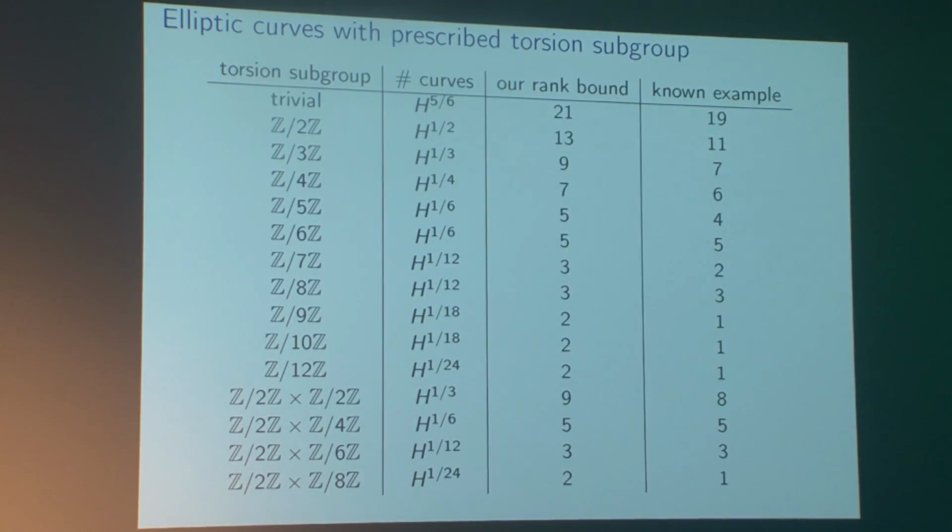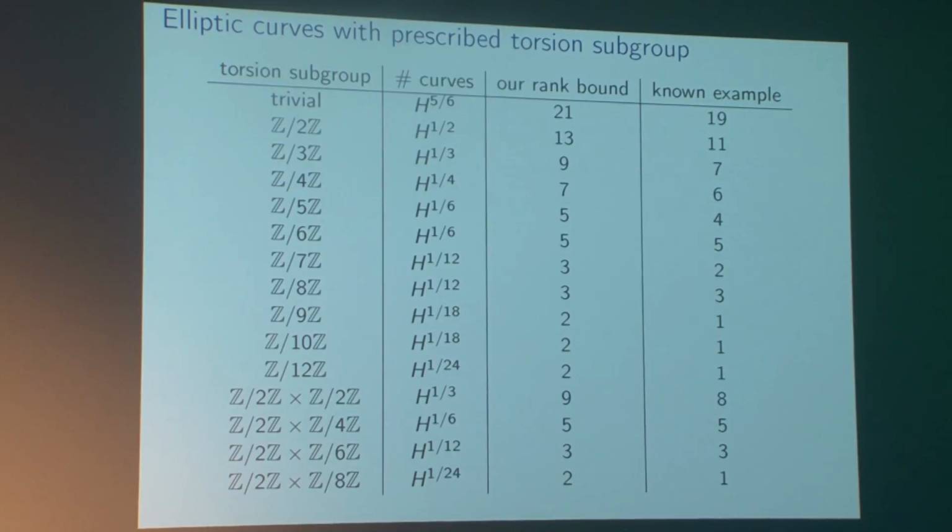And each of these entries gives you a test that you can do against reality. So this last column is the reality column. On the other hand, other people have been doing searches. People have been looking for elliptic curves with torsion subgroup Z mod 6Z of high rank. And the best they've been able to do is to find infinitely many of rank 5, which matches exactly what our bound says, which is, again, kind of dangerous, but it looks good.